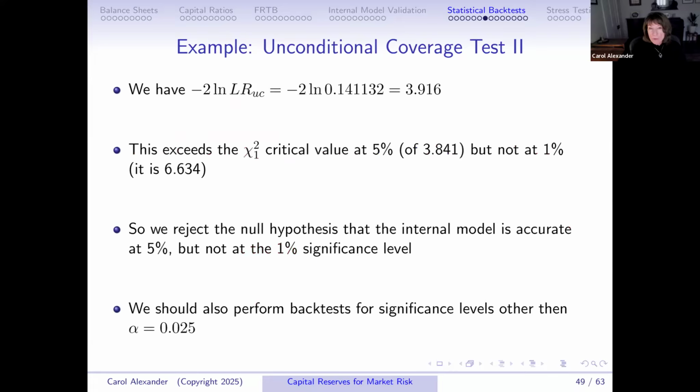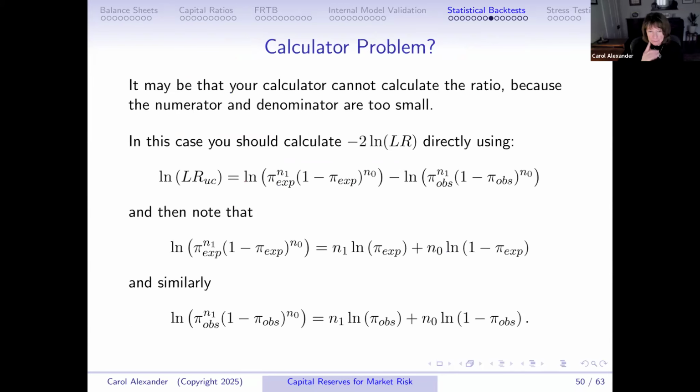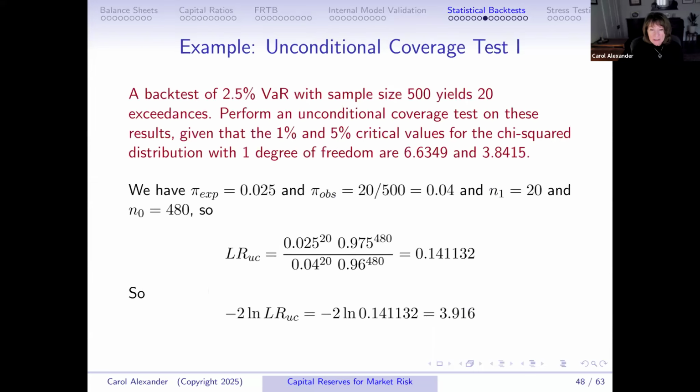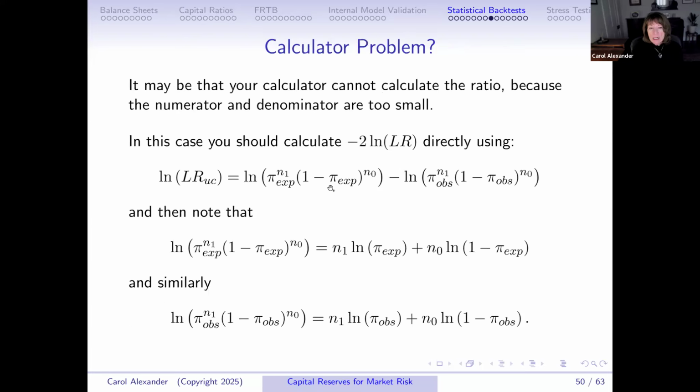We should also perform backtests for significance levels other than 2.5%, like 1% as well, and using obviously different portfolios and different samples. And I mentioned a calculator problem. Because you've got something small underneath, like here, we've got 0.04 to the power 20, you may have a real problem. So you can always do it differently.